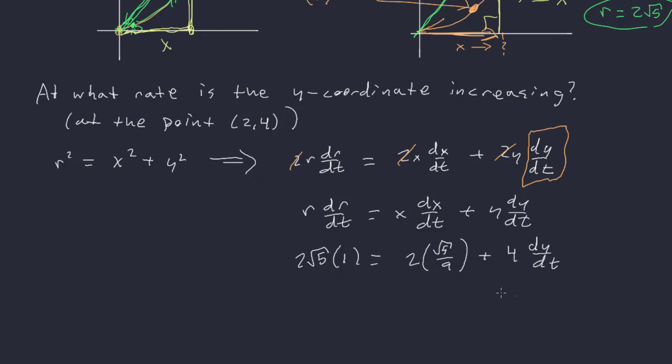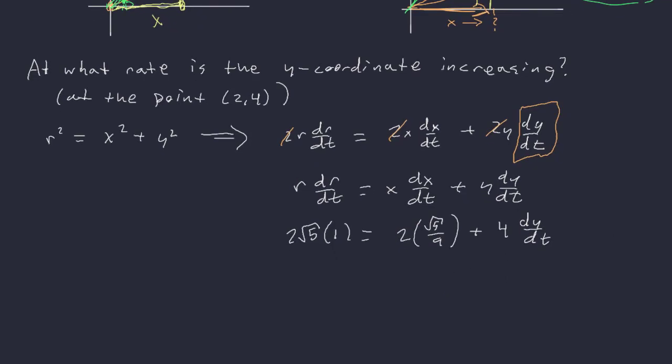Once again, I have a bunch of 2's here, so I'm going to start by dividing everything by 2 to get rid of it. So I have square root 5 is equal to square root 5 over 9 plus 2 dy/dt. Now we'll just move this over.